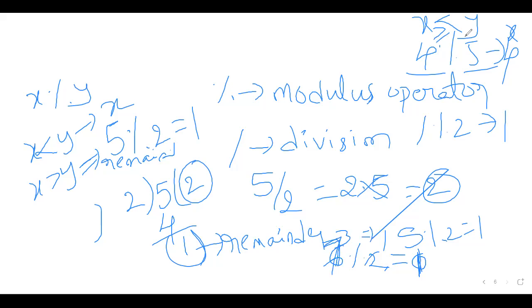So you should keep in mind the difference between division and remainder. Modulus will get the remainder, division will get the quotient. And the modulus operator has one condition. If x is less than y, then we'll get x as it is. Otherwise, we'll get the remainder. That you should keep in mind.